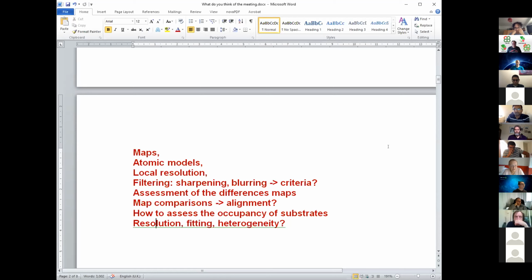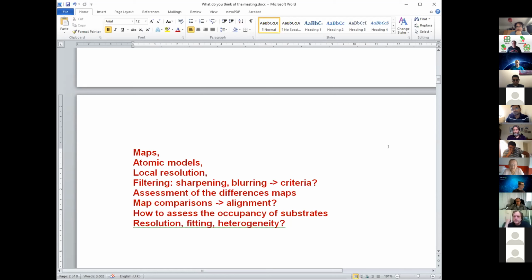But the question is, again, that we cannot separate the atomic or pseudo-atomic model from the EM map. If the EM map is wrong, you have to accept that you can still make a wonderful atomic model without any clashes.